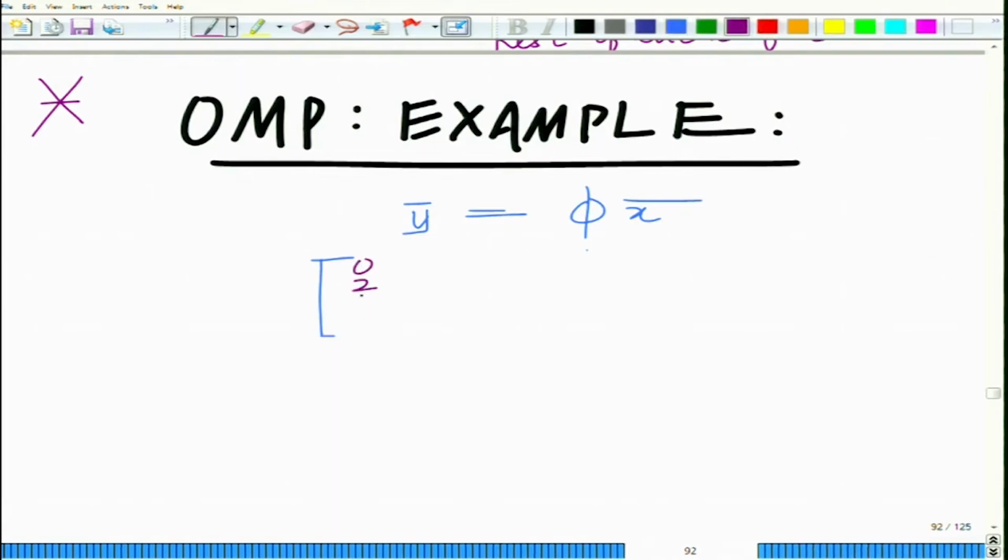The vector y is 0, 2, 3 and 5, and the matrix phi is the following.